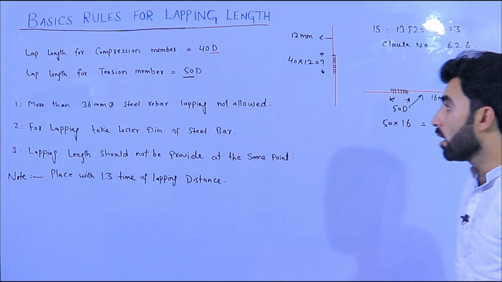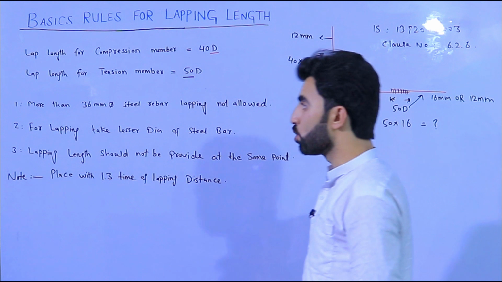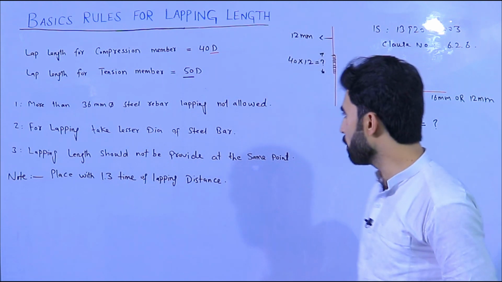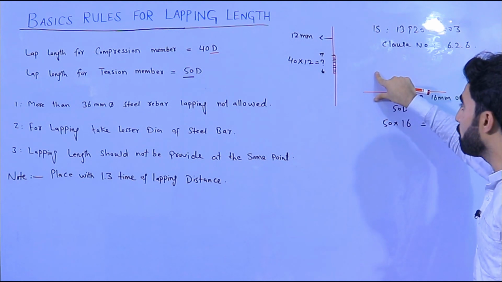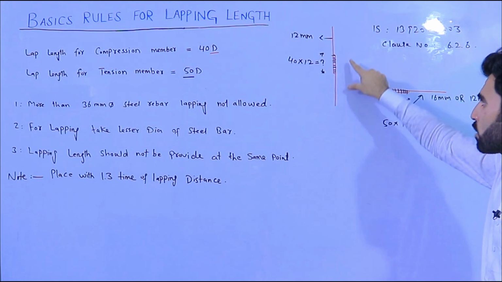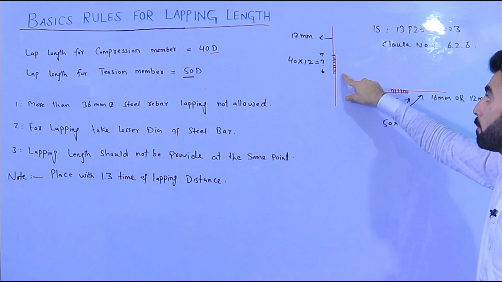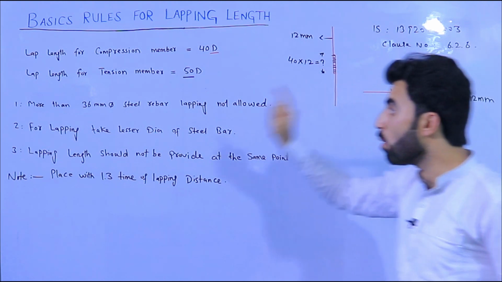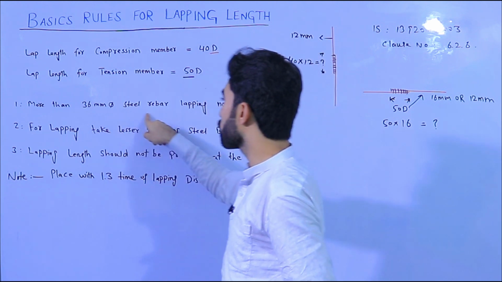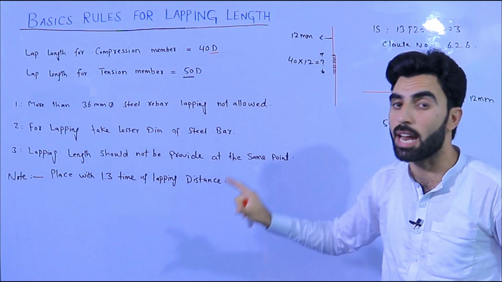Right? Now guys, what are the basic rules? Remember guys, for lapping in a compression member or in a tension member, for steel rebar more than 36 mm diameter, the lapping is not allowed.